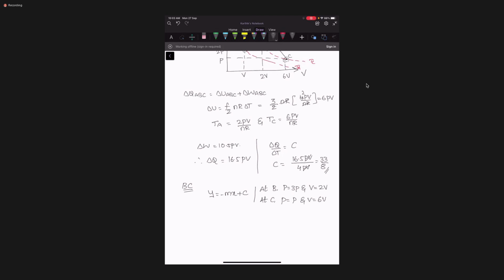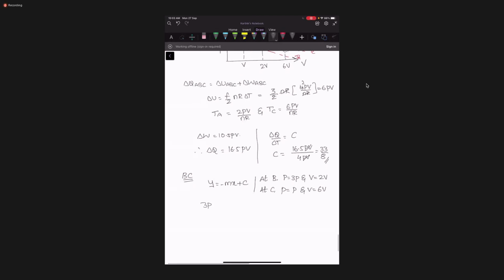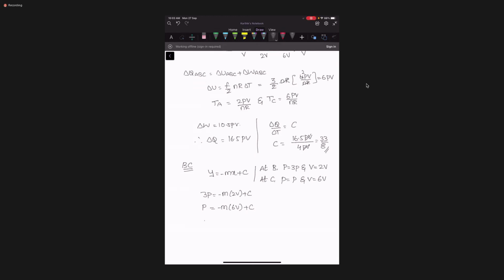Substitute these two in this, get me your m value. 3P is equal to minus m into 2V plus c, and P is equal to minus m into 4V plus c. What is your m value? P divided by 2V.